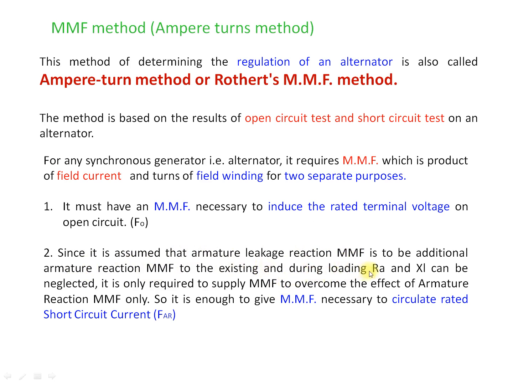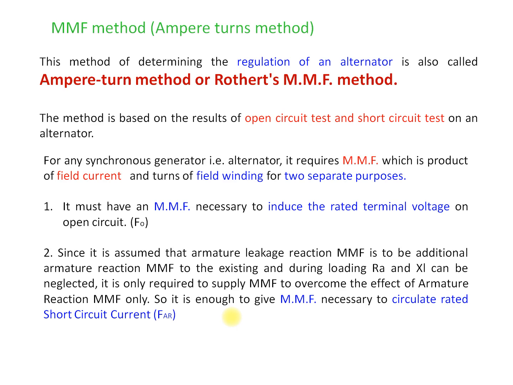During the loading, the RA and XL will be neglected, so in order to overcome this particular effect of the armature reaction, we need to give the rated short circuit current to the machine, so that we will be finding out the value of the MMF which is needed for overcoming the effect of the armature reaction.